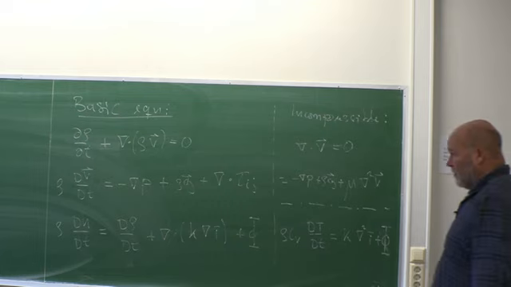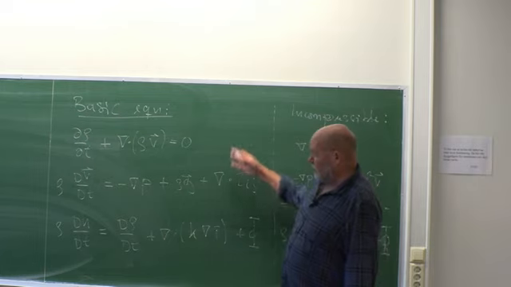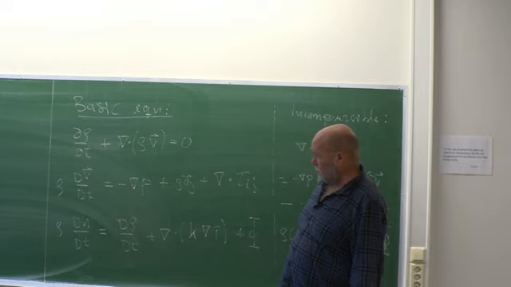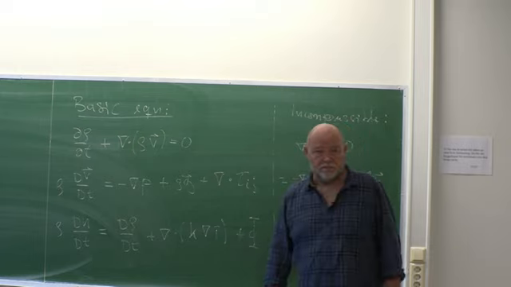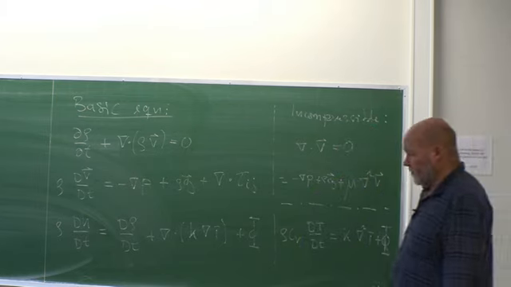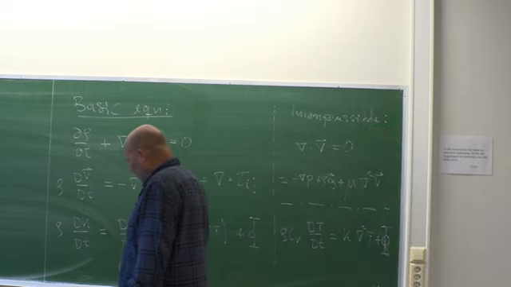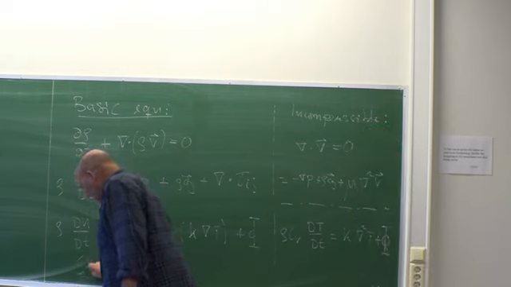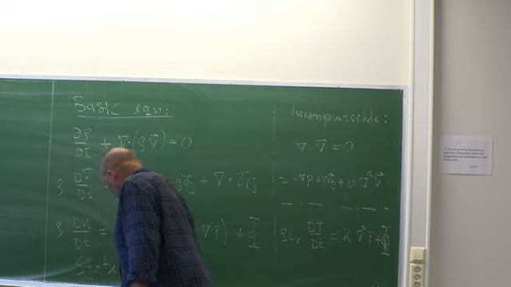So then we have 5 unknowns, but I only have 4 equations. I'm missing 1 equation. And somewhere along the line here, you have to put up a state equation.